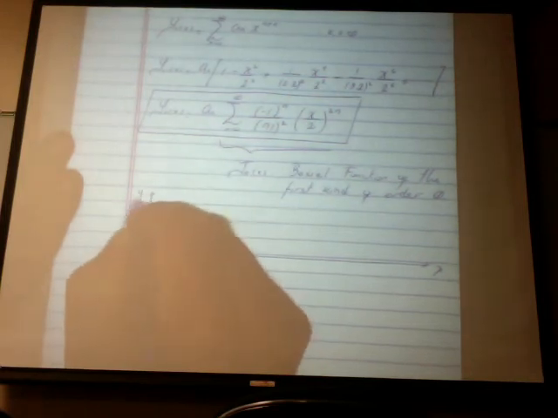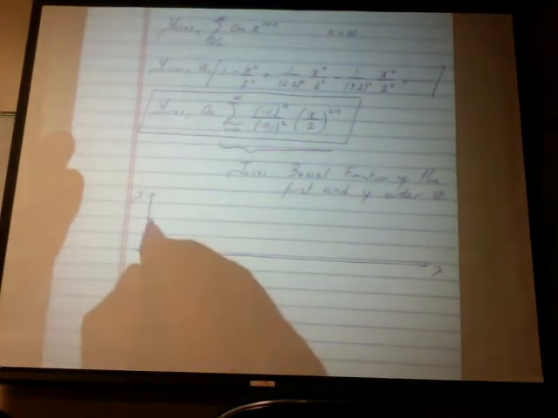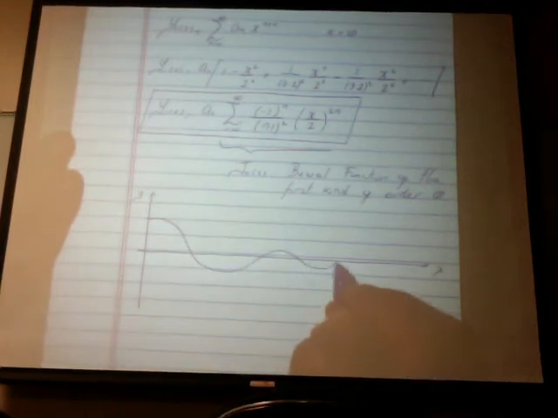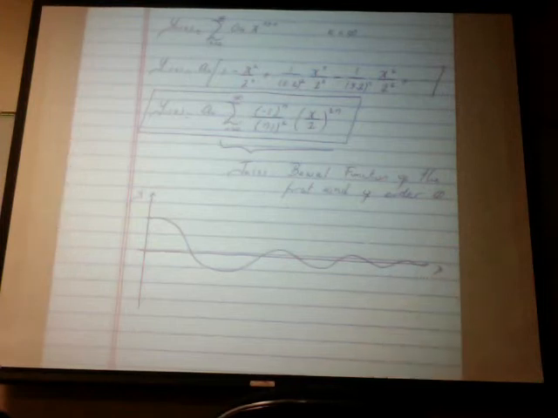This is y, this is x, and you'll get a function like this that decays and actually intersects here exactly at 1.